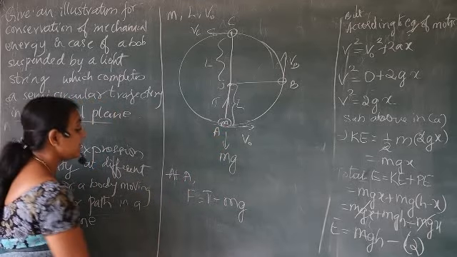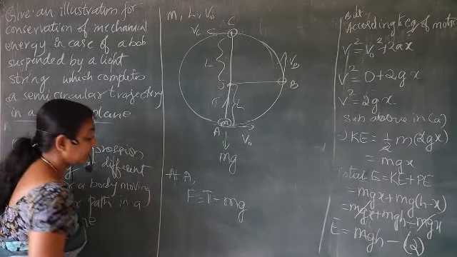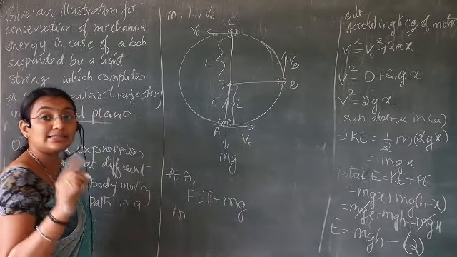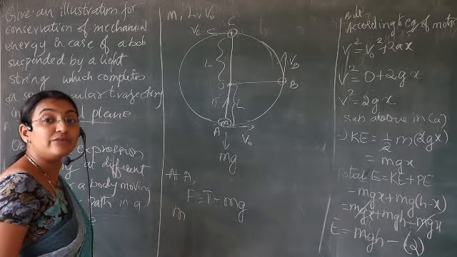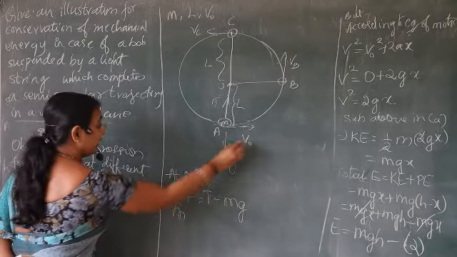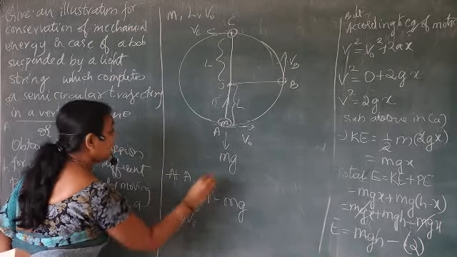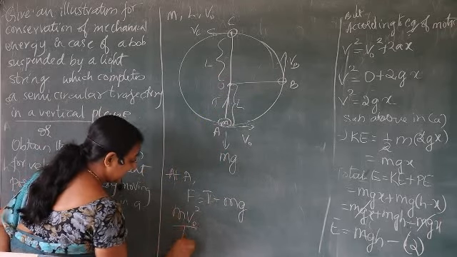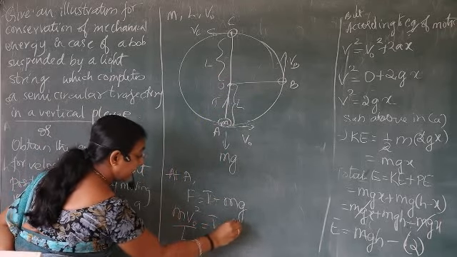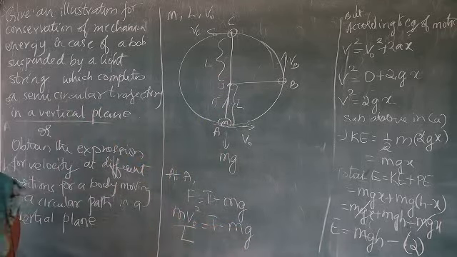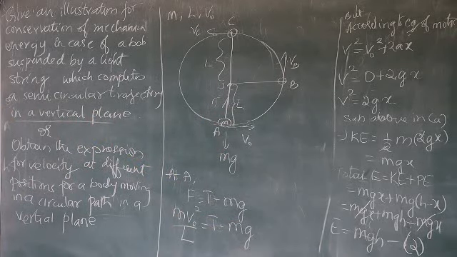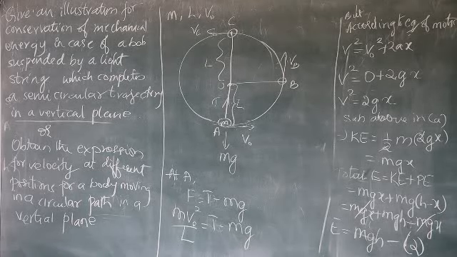The centripetal force expression is mv square by r. Velocity is v naught, and r is our length L, so it is equal to T minus mg. Am I right? So I can write m v naught square by L is equal to T minus mg. This is the expression we get at the point A.